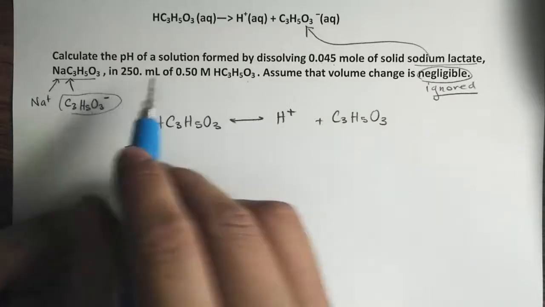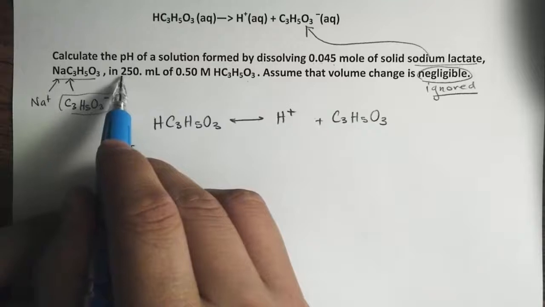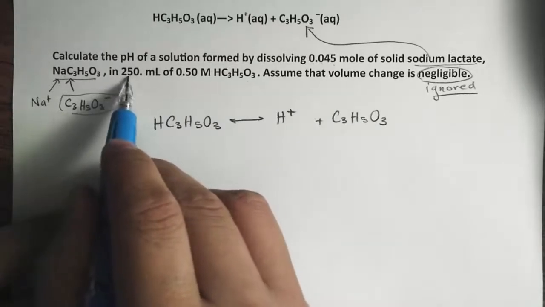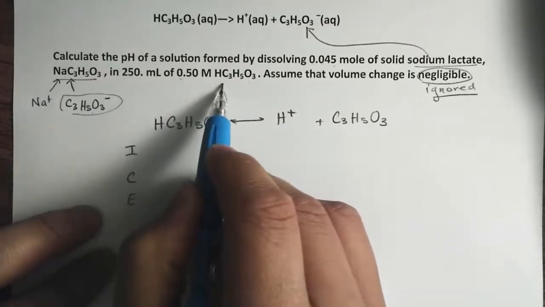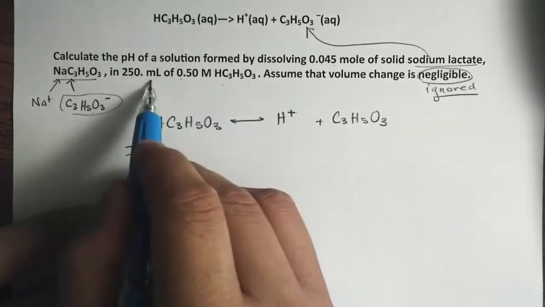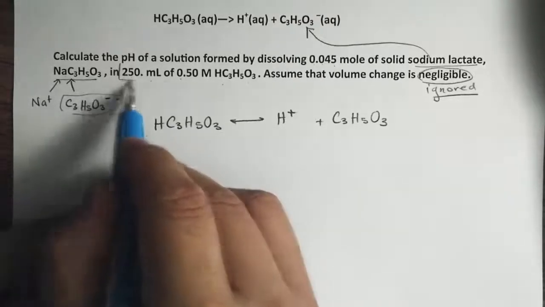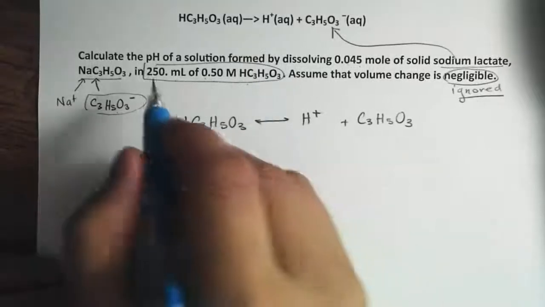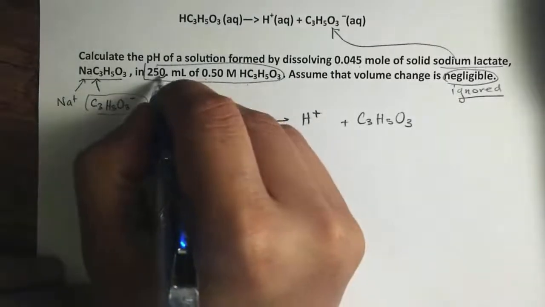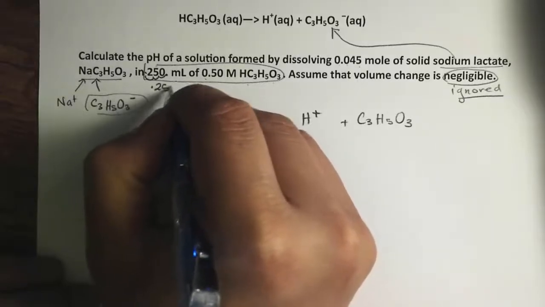In this case, it's telling us that we are starting with 250 milliliters of this 0.5 molarity. Remember, molarity has to be per liter, right? So we have to deal with this part first. We have to convert this into liters, and that will give us 0.25 liter.